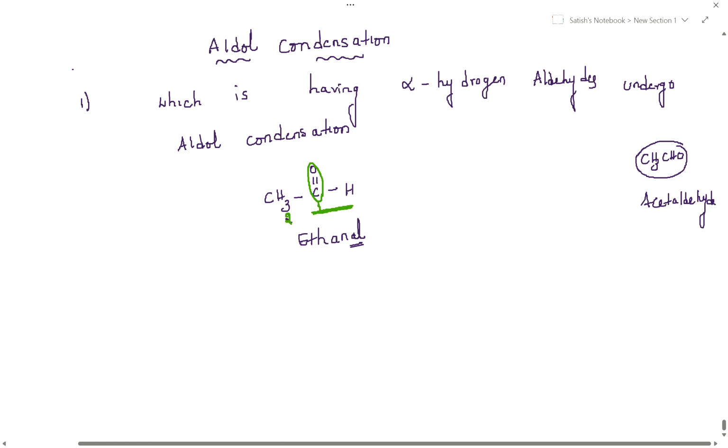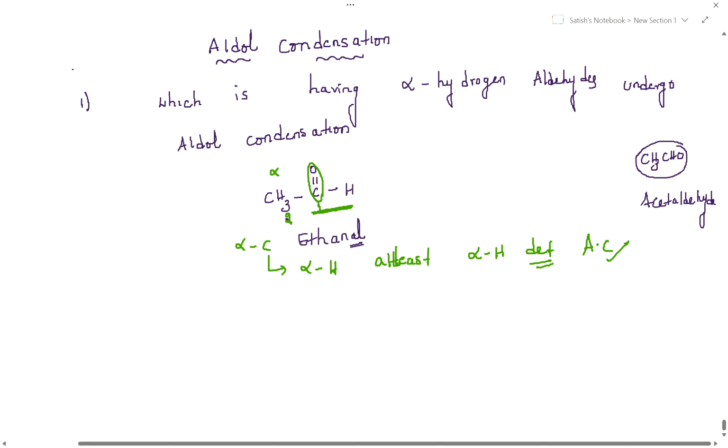With respect to the functional group, the next carbon we call the alpha carbon. Hydrogens on the alpha carbon we call alpha hydrogens. If at least one alpha hydrogen is there, it definitely shows aldol condensation. Clear my point? How it reacts and how to guess the products, I will discuss in the mechanism.